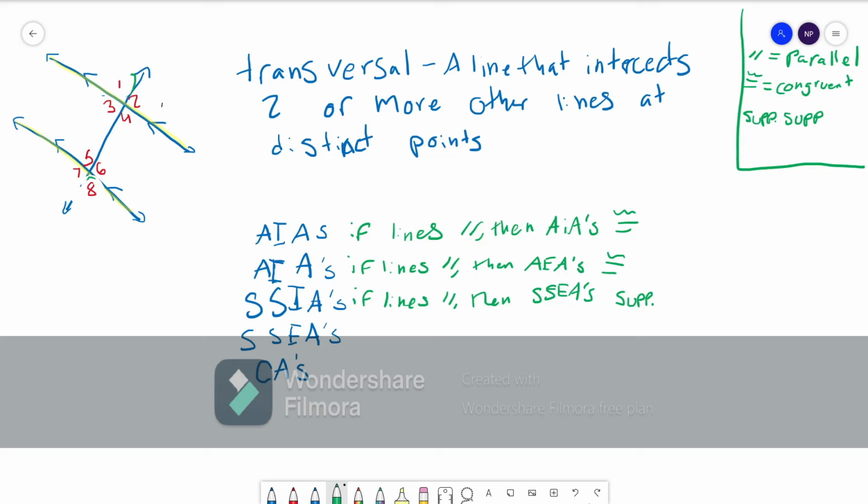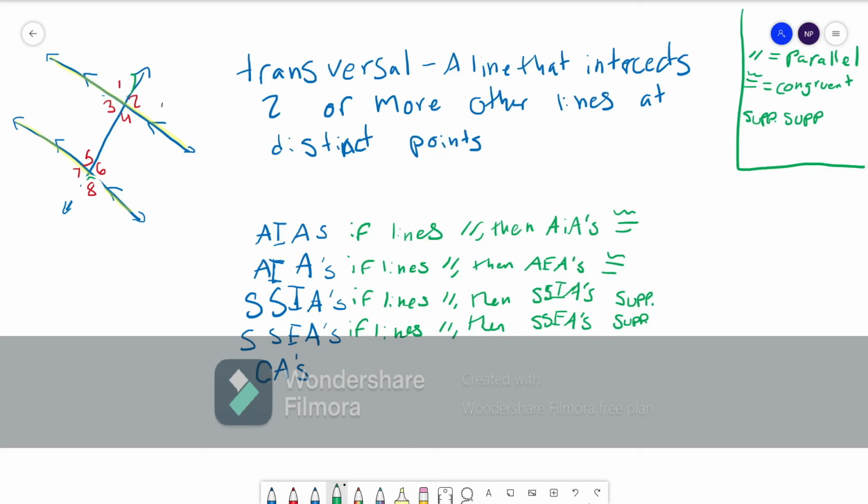So same side exterior angles. If lines parallel, then same side exterior angles supplementary. It's the same deal. So 2 and 8 would be supplementary, and 4 and 6 would be supplementary. Same thing over here, 1 and 7 and 5 and 3.